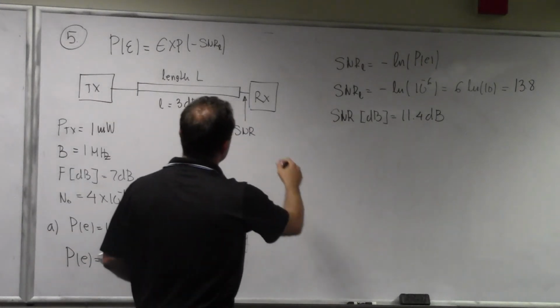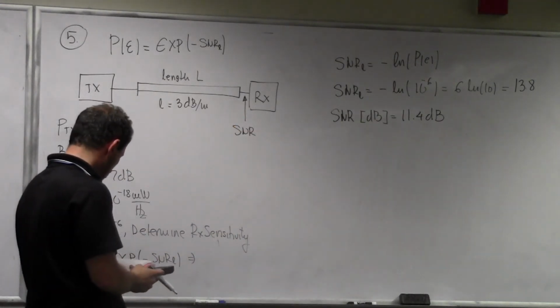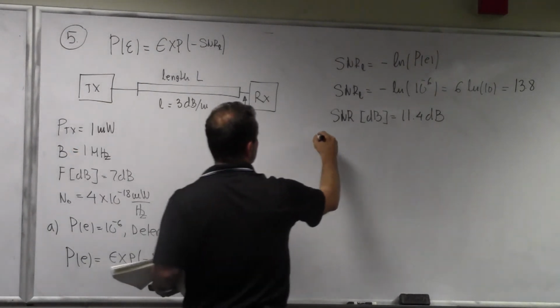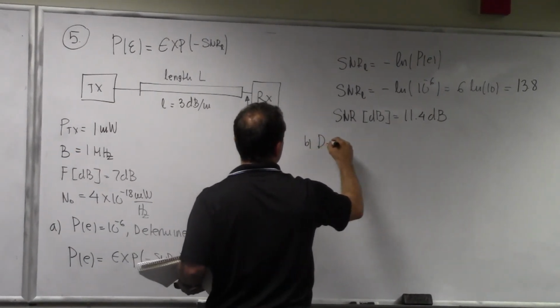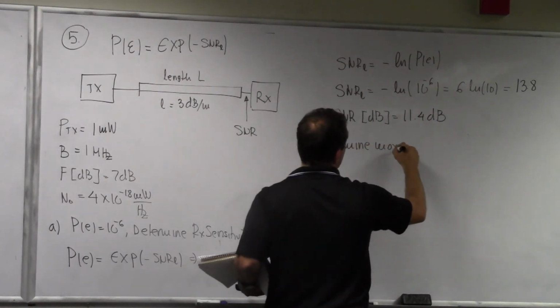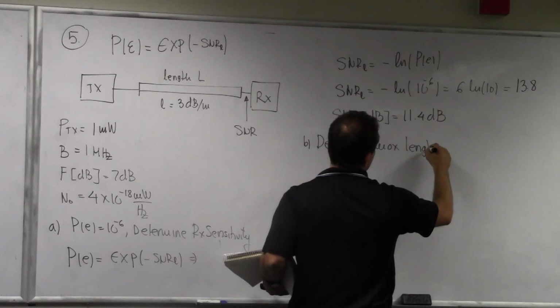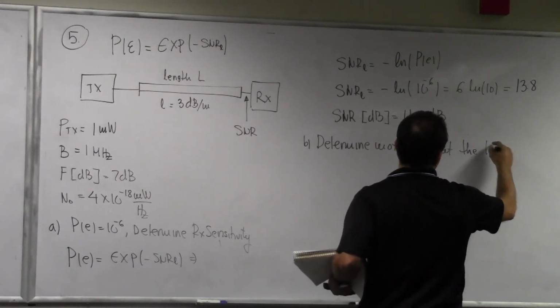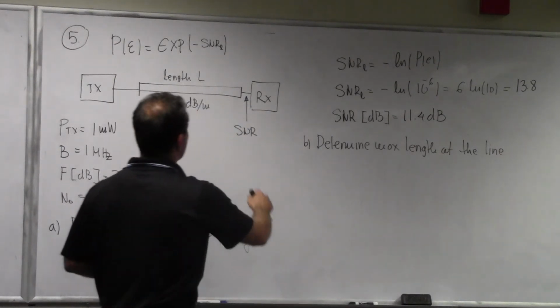Now, how strong does the signal need to be at this point? Determine the maximum length of the line. So that's part B. Well, what is the power of the noise at this point?